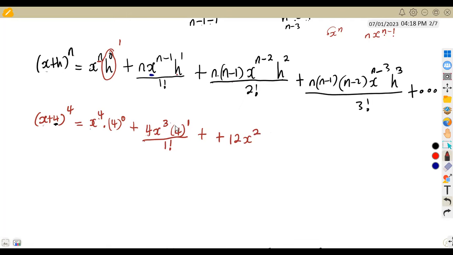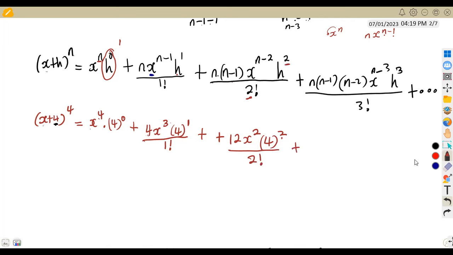Whilst the h, which is our 4, is increasing its power, so it's going to be 4 to the exponent of 2. The 2 on h is the one that you use on your factorial, so it's over 2 factorial.